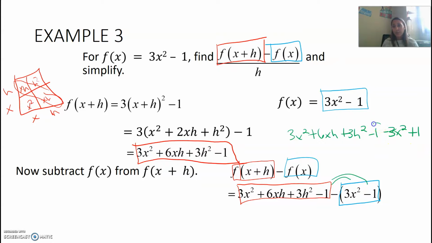This number right here is a like term with this one, and negative 1 plus 1 is 0. Then this right here is the same term, an x squared just like that, and positive 3x squared minus 3x squared is 0. So the only thing we're left with is 6xh plus 3h squared.